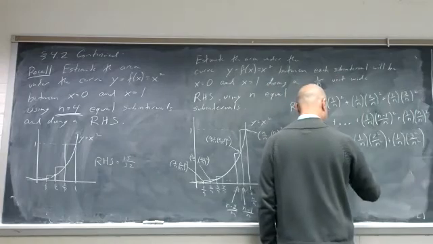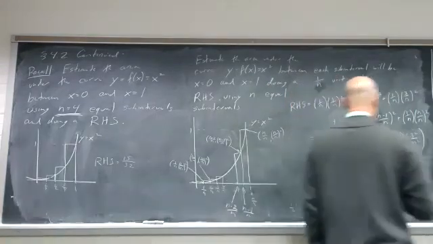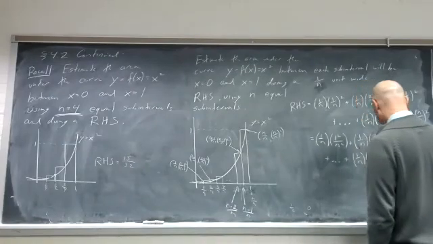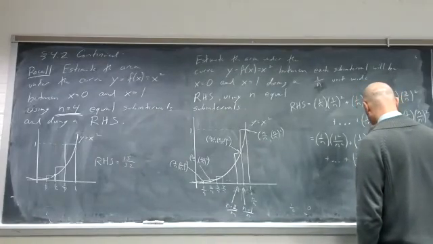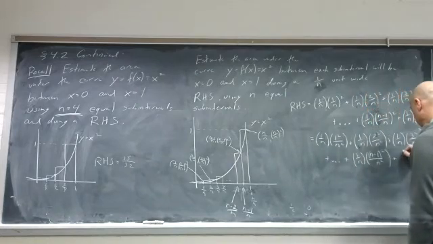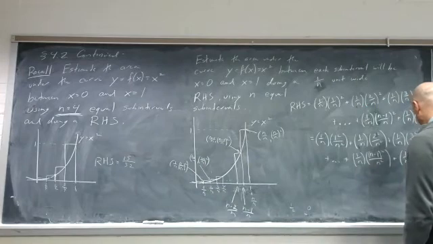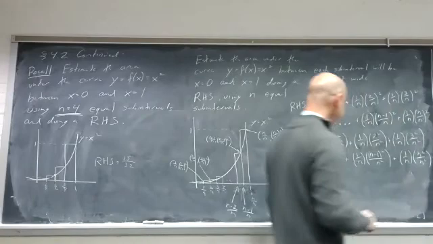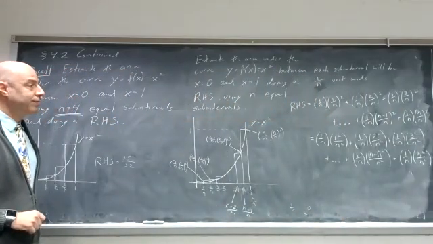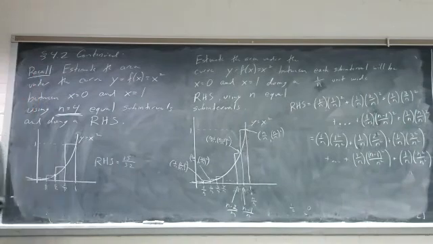Plus dot, dot, dot. The second last one, 1 over n, n minus 1 squared over n squared. And the last one, 1 over n, n squared over n squared. A little bit of algebra, squaring the fraction by squaring the top and squaring the bottom.